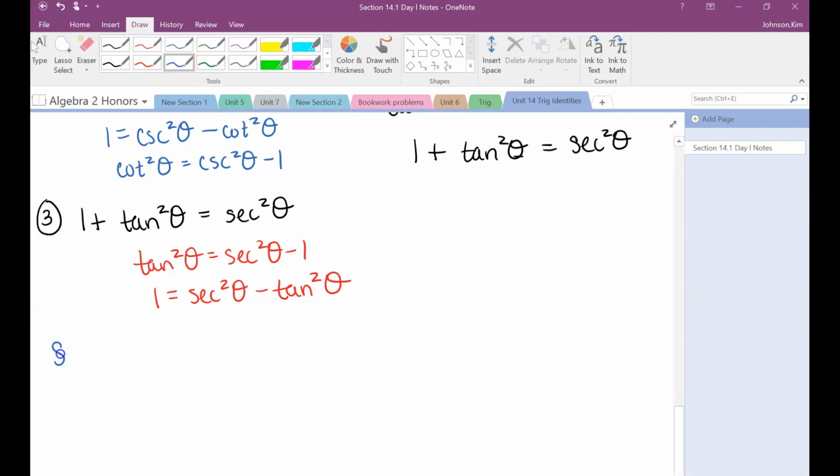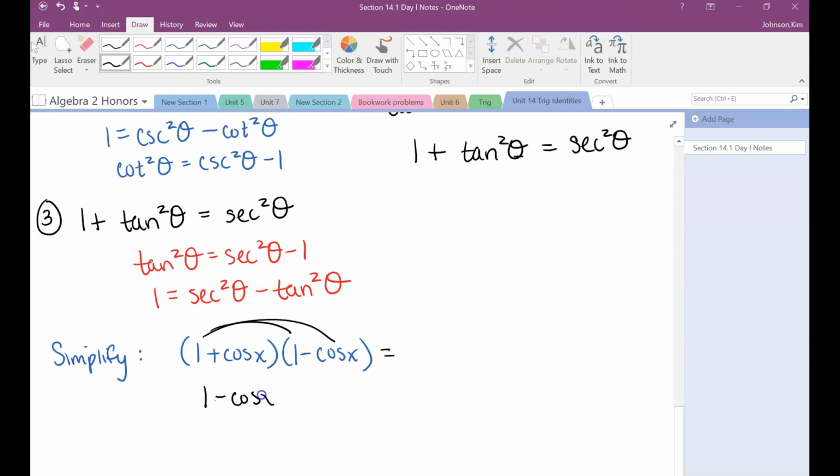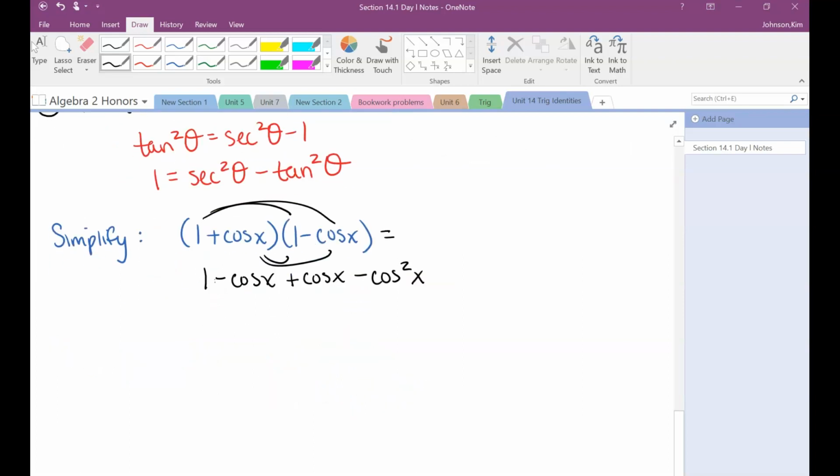So let's try simplifying the expression 1 plus cosine of x times 1 minus cosine of x. Let's see if we can simplify that completely. This is a multiplication problem, so I'm going to multiply this out. This is 1 minus cosine of x plus cosine of x minus cosine squared of x. Negative cosine of x and positive cosine of x simplify to 0, and so this is 1 minus cosine squared of x.